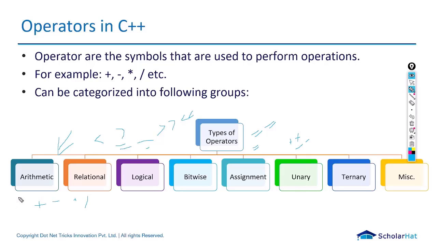One thing you need to remember, arithmetic, relational, logical, bitwise and assignment are all binary operators, whereas in unary operators, increment and decrement are the unary operators. And the ternary operator can also be called the conditional operator, right? Question mark. So that is what the ternary operator is. We're going to use all these things.